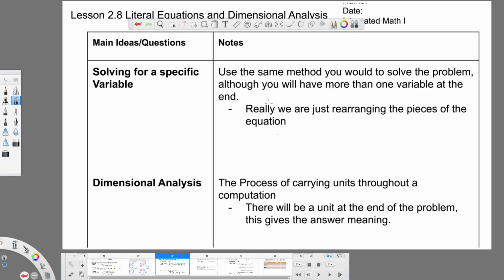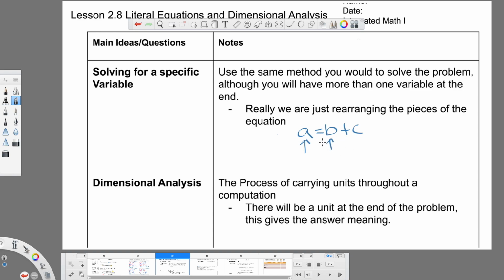So the same method you would use to solve the problem, although you'll have more than one variable at the end. So really we're just rearranging the pieces of the equation. And I can think of this as a simple equation. If I have A equals B plus C, and I'm given A and I'm given B, well, I'd want to know what C equals, right?